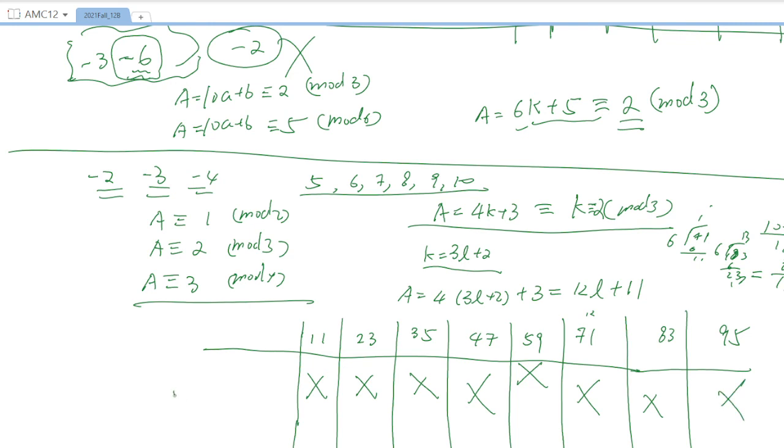Okay, so there's no solution here, right? After checking on the 6, we already crossed out everything, right?